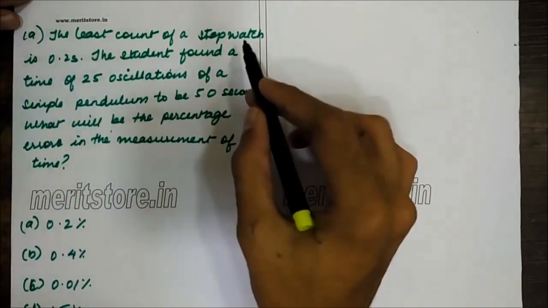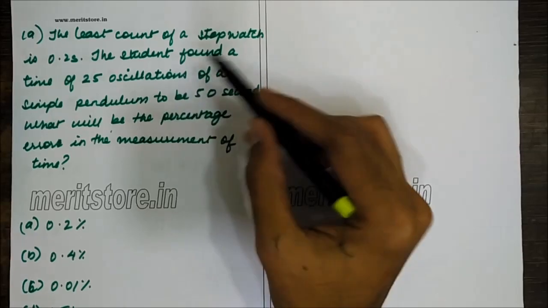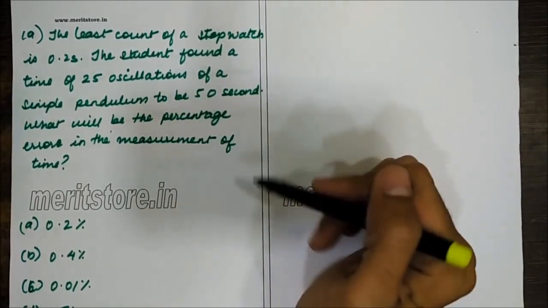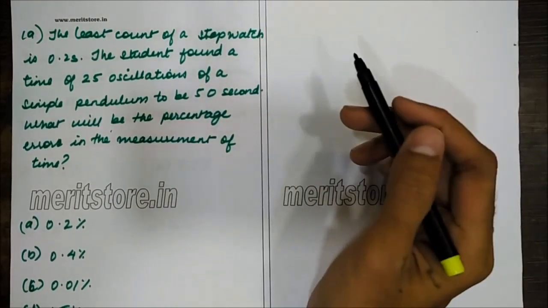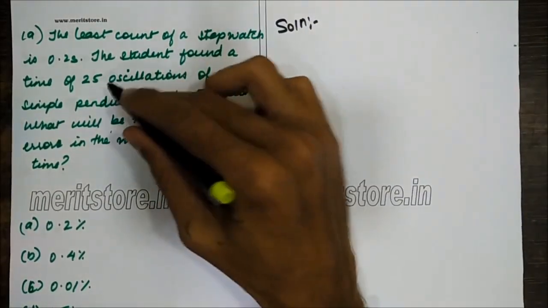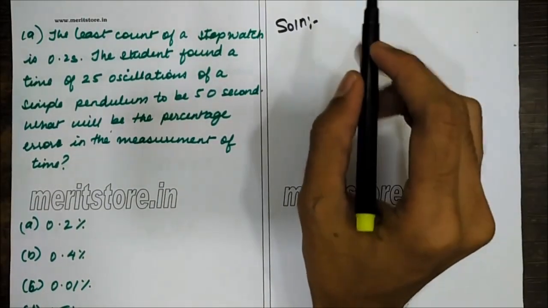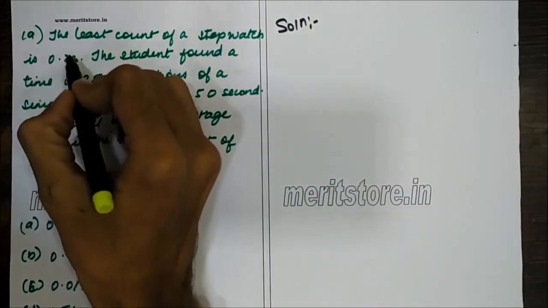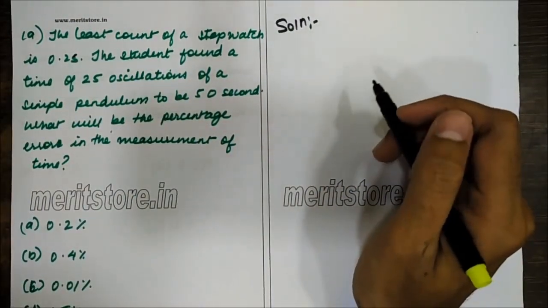Okay, so the least count of a stopwatch is 0.2 seconds. A student found that the time taken for 50 oscillations of a simple pendulum is 50 seconds. So what will be the percentage error in the measurement of the time? So we need to find the percentage error if we have a least count of 0.2 seconds.